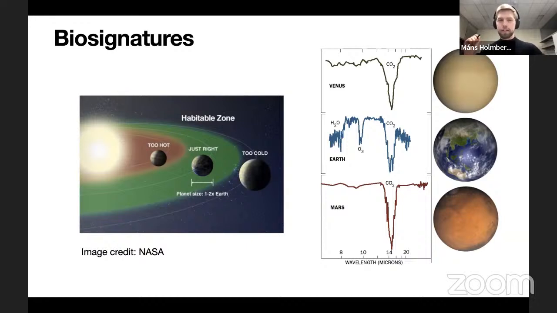Doing that calculation, you can find out how hot the planet should be. You want it to be just right so that water can be liquid, because we know that Earth has a lot of water, which is crucial for life. So if we have liquid water, then maybe the probability of finding life elsewhere might be higher. So we look for planets in the habitable zone, and in these planets, we want to find biosignatures. This is very hard, but we are trying.